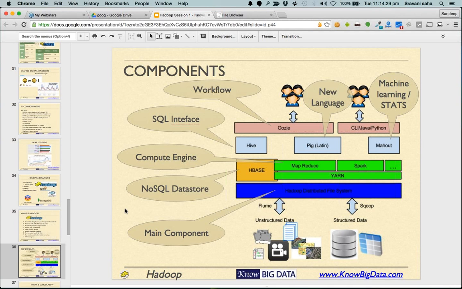Next is HBase. All right, so when you have to write humongous structured data, you know what it means? Millions of columns by billions of rows. If you have to write or read such kind of data, and that too structured, then HBase is probably the only solution.